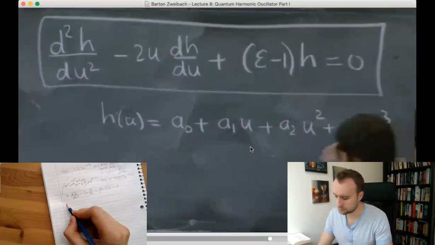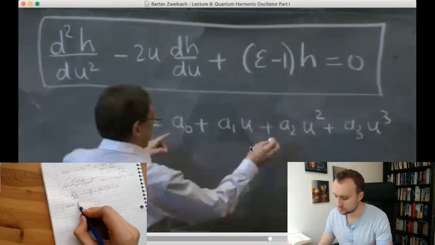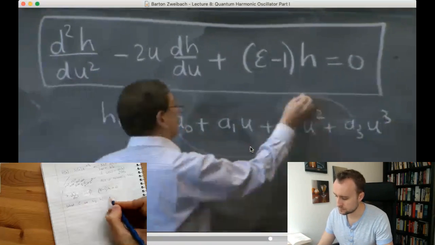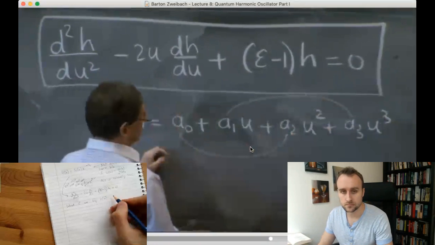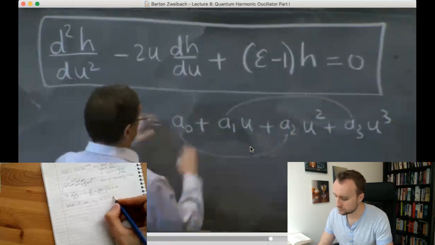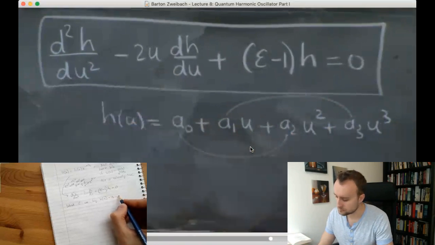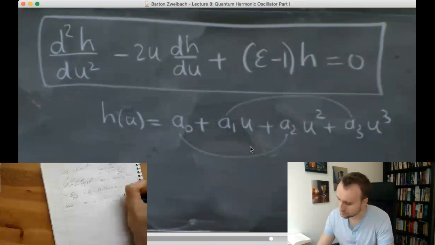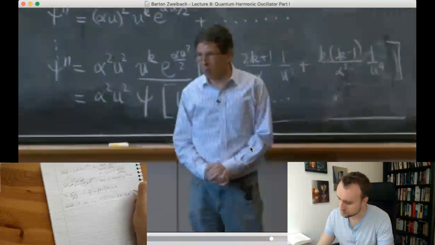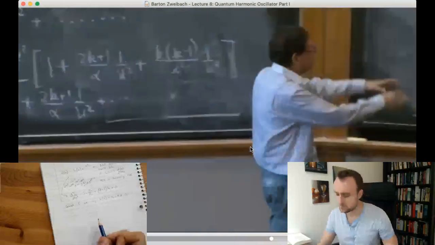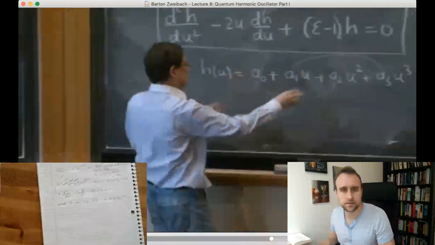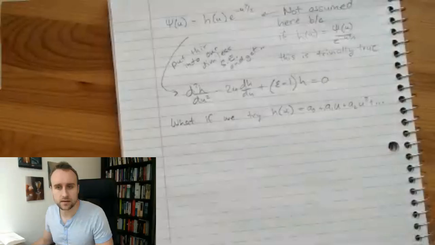And I found, after a little thinking, that A2 is determined by A0, and A3 is determined by A1. Once you substitute, it's not obvious when you look at this, but that happens. So, when you face a problem like that, don't go high power to begin with. Just try a simple series and see what happens. So maybe let's try that and see if we can get the kind of results that he's getting from here.